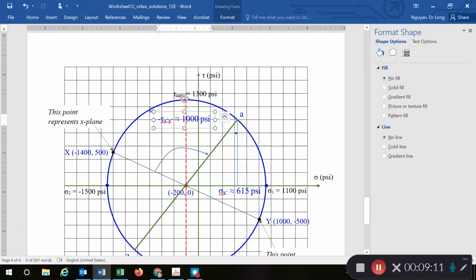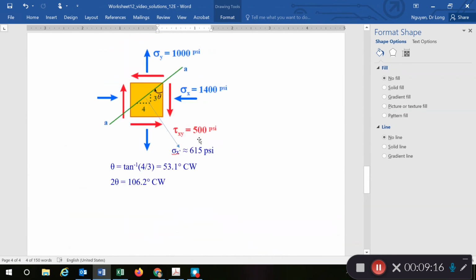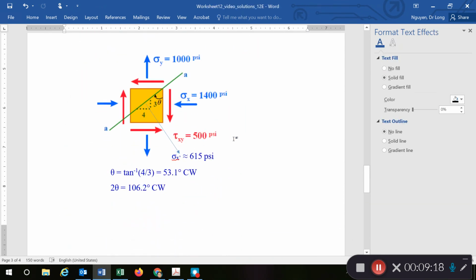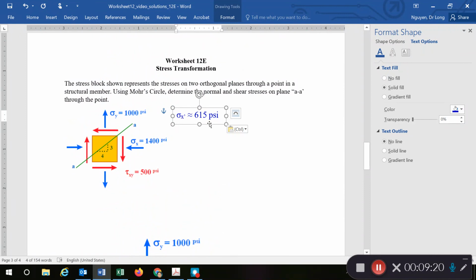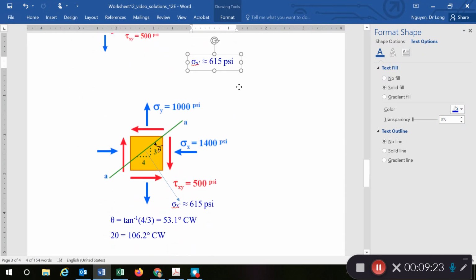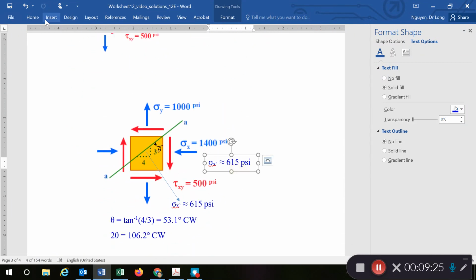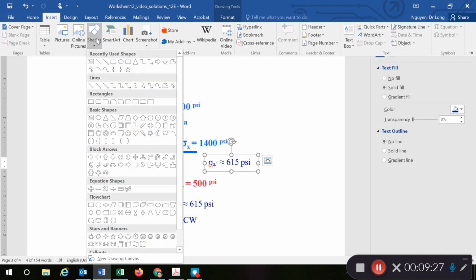Why do we put negative in the analytical while the Mohr circle shows a positive 1000? In the Mohr circle, positive tends to create clockwise rotation of the block.